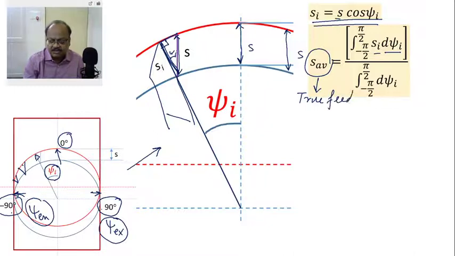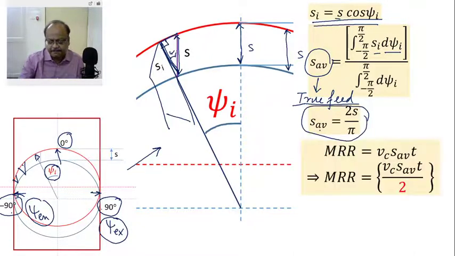We will use the term average feed, which you can relate to more easily. If you do that, your average feed comes out to be this. So what would be your material removal rate? Material removal rate is VC, feed will get replaced by average feed, and depth of cut. So VC into average feed into depth of cut.